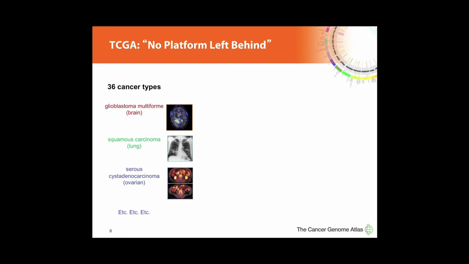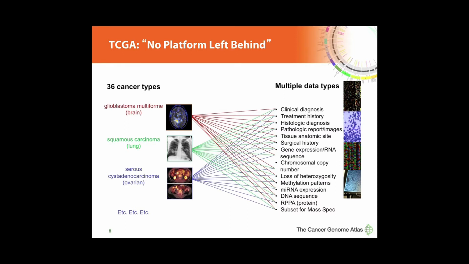So again, the ultimate goal when TCGA started back in 2006 was to look at cancer and try to get as much data as is possible based on our current technologies. So a lot of that includes some of the patient information. You can also see there's pathology information.